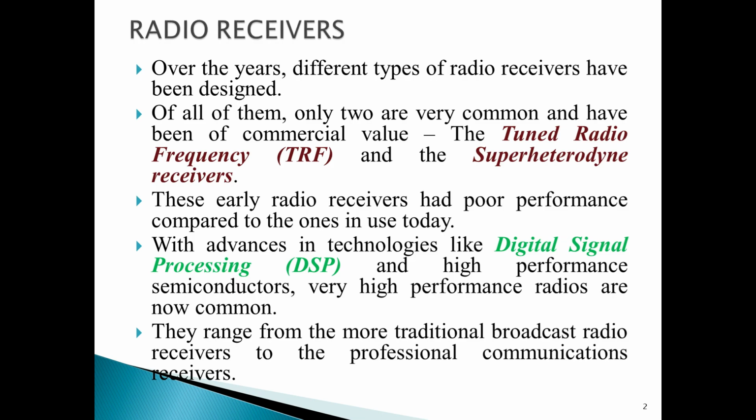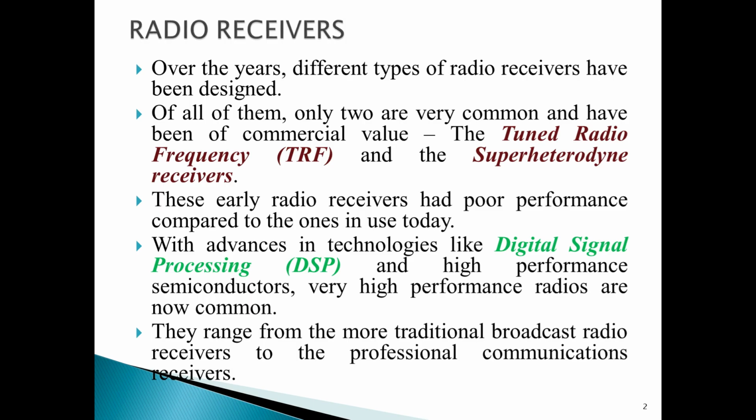Over the years, different types of radio receivers have been designed. Of all of them, only two are very common and have been of commercial value, and they are the tuned radio frequency (TRF) and the superheterodyne receivers. These early radio receivers had poor performance compared to the ones in use today.